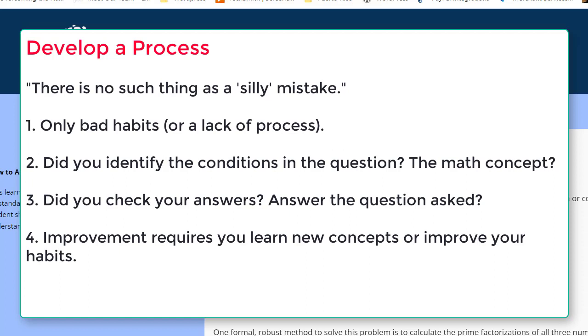There is no such thing as a silly mistake on the exam if you don't address your process. For most students, it's a way to pick up free points before you even learn more math concepts. Think about it. Think about your process. Can you improve your score by developing better habits? In most cases, I think the answer is yes.